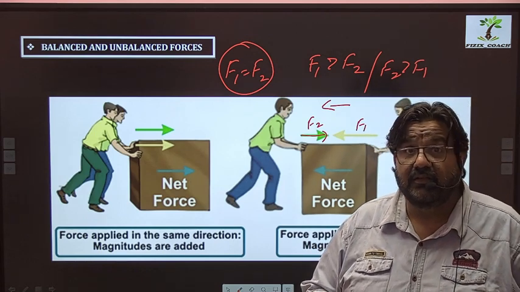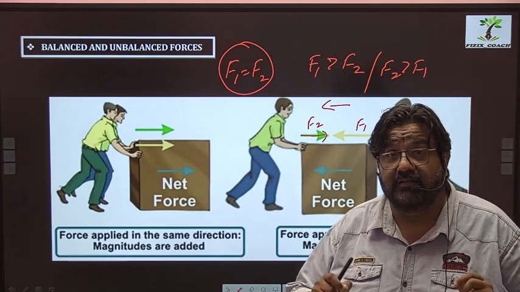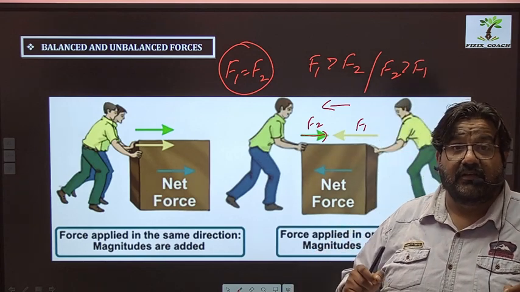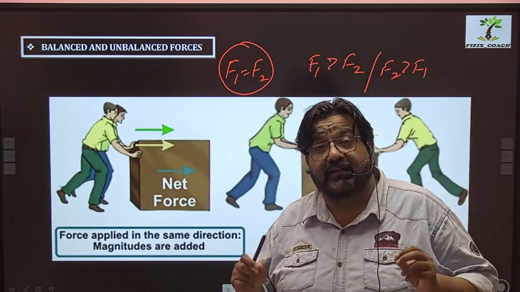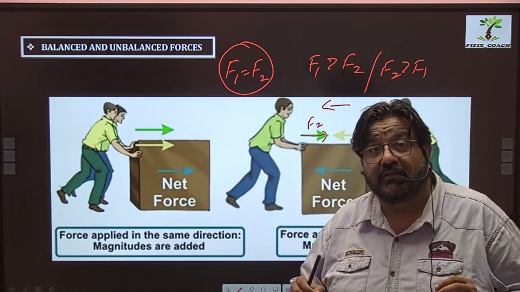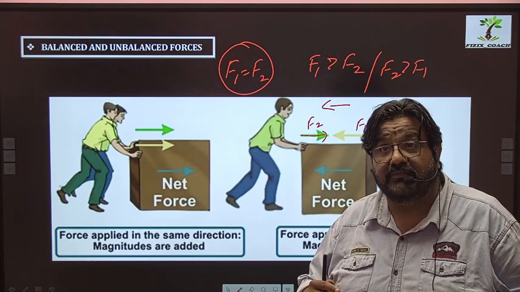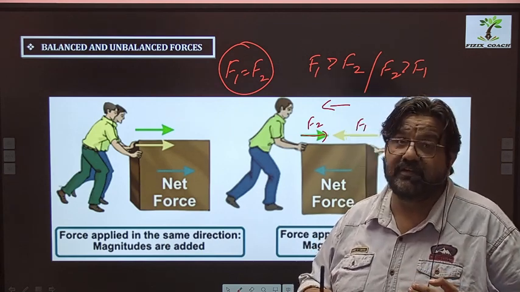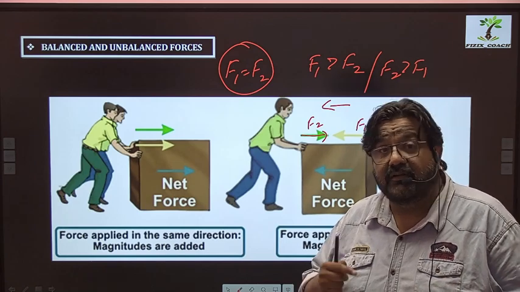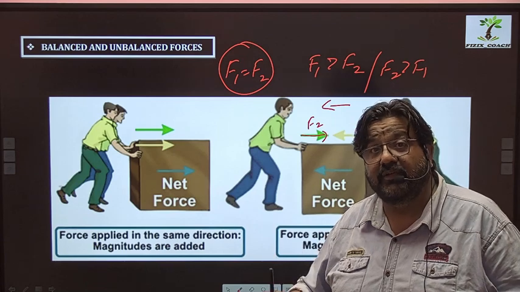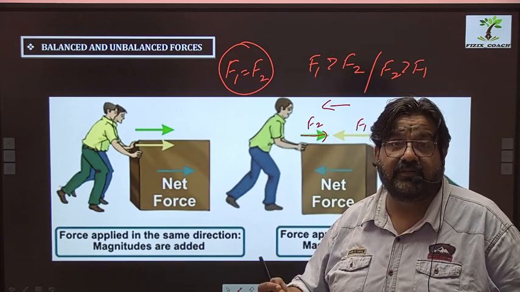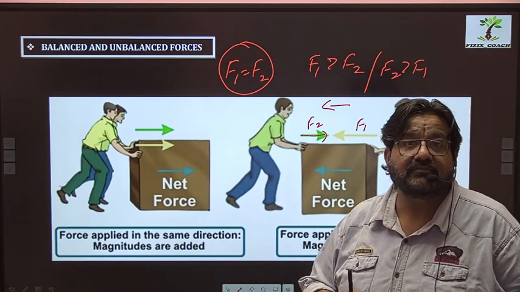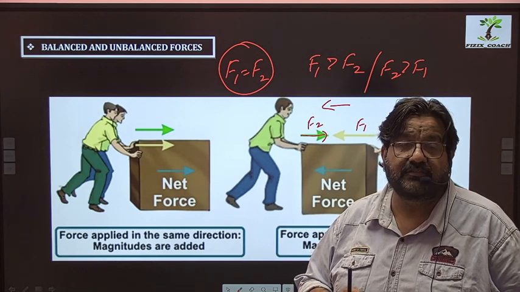So if we define balanced forces, we can say that when balanced forces are acting on any object, then the object will either remain at rest if it is already at rest, or it will keep on moving with uniform speed without any change in its motion.